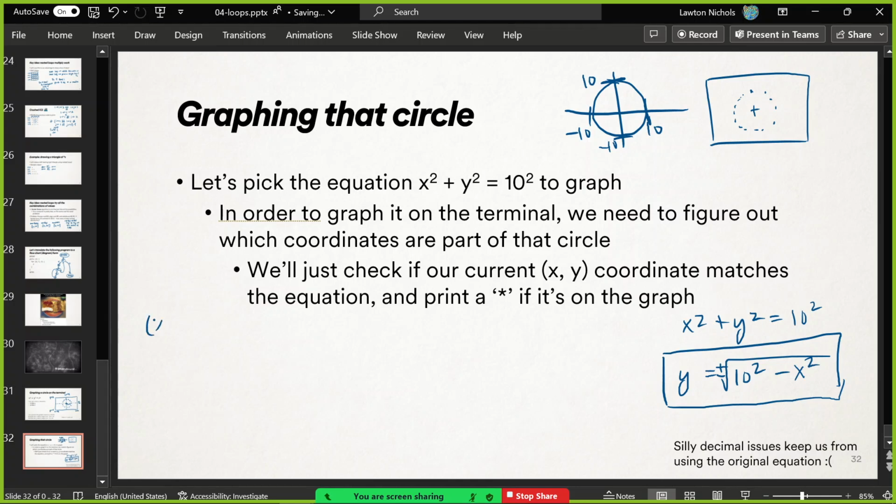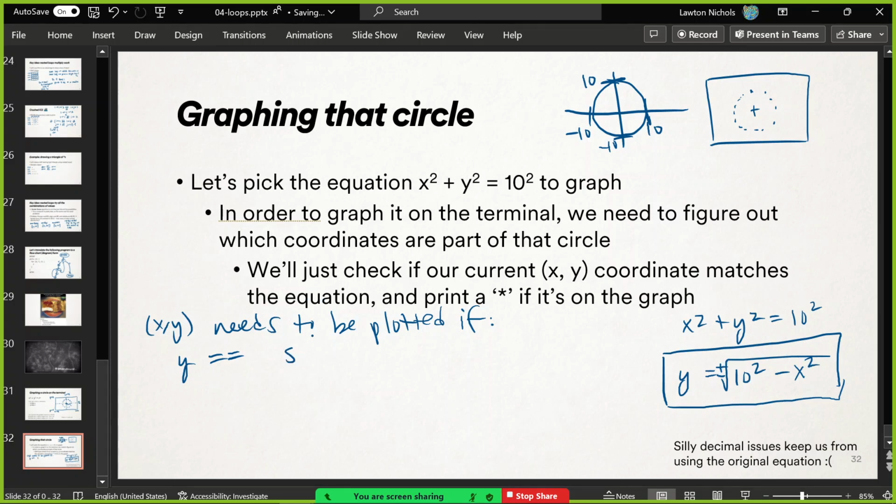So if we have a coordinate, x comma y, it needs to be plotted on our graph if the y coordinate is equal to, this is now C++, the square root, let's do the positive half.